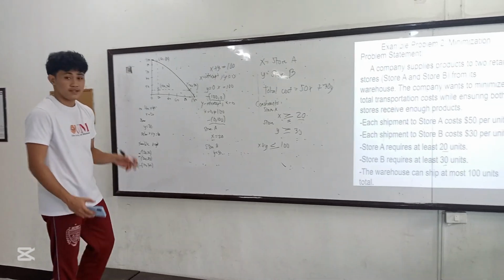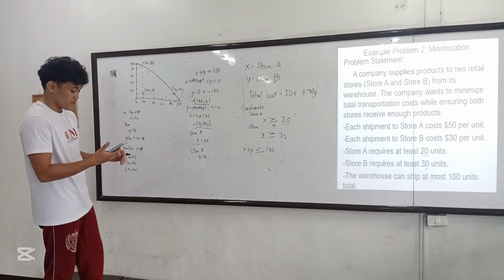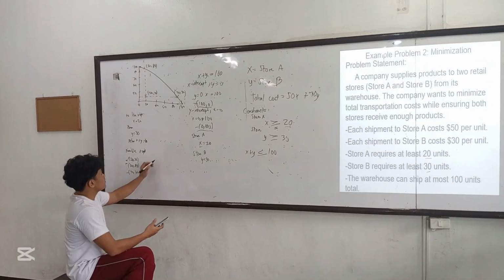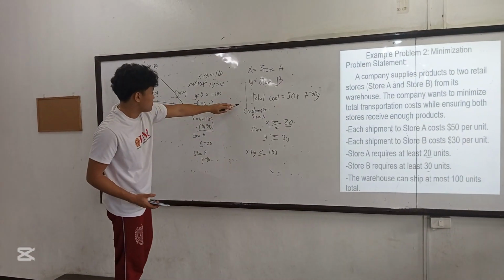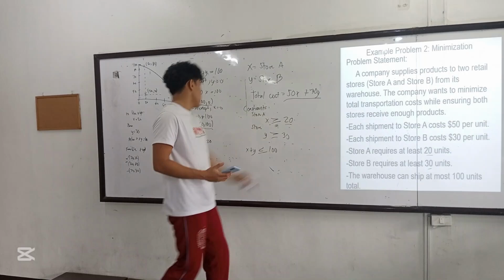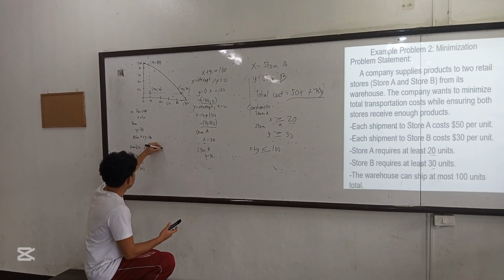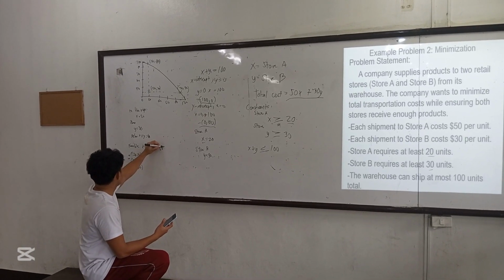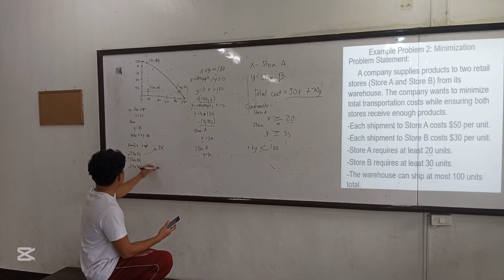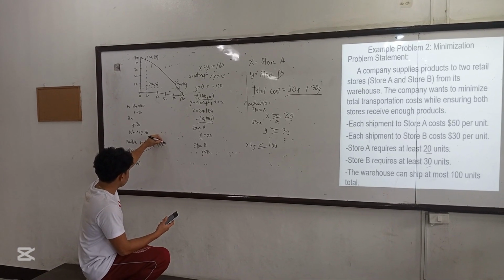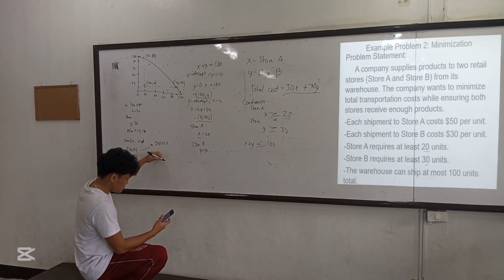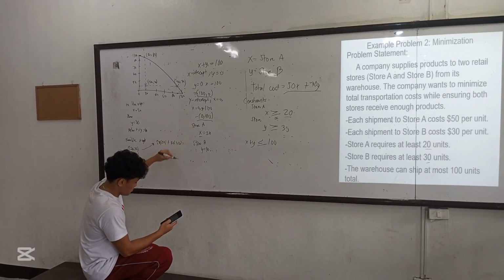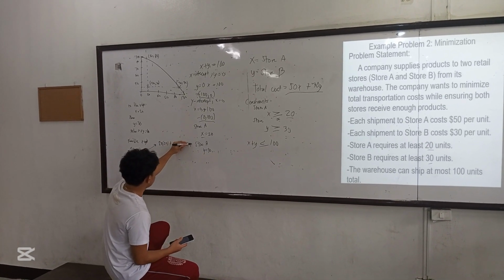Next, we must calculate the total cost at the feasible points. So, at point 20 and 30, we use the equation: 50 times 20 plus 30 times 30 is equal to 1,900.